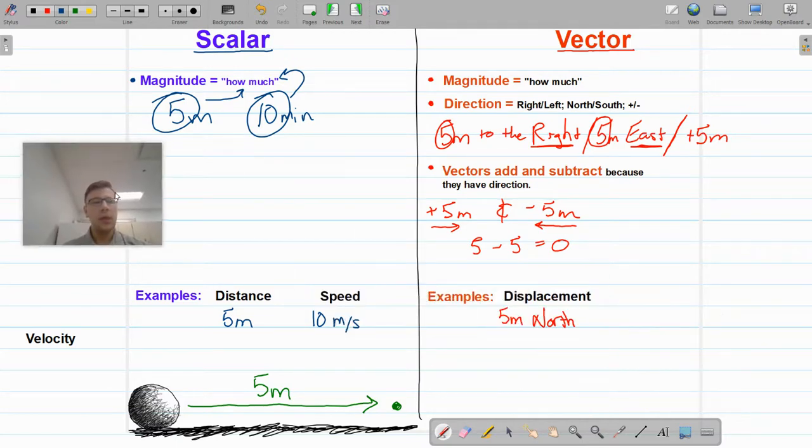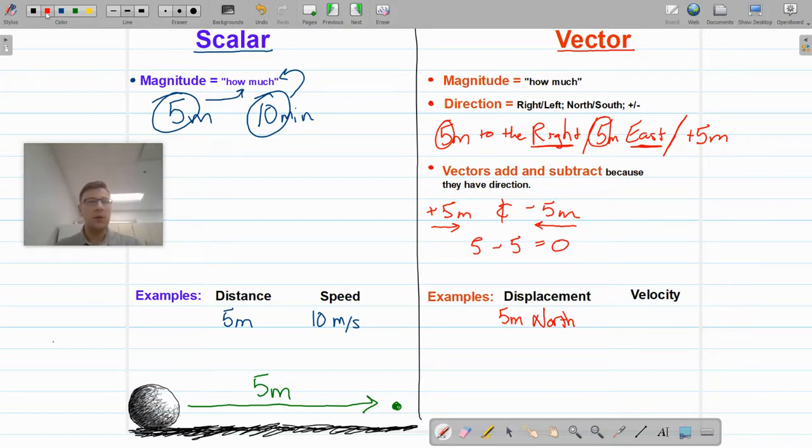Velocity would be the counterpart to speed. It's basically just speed with direction, and we use displacement to calculate velocity. That should make sense: distance goes with speed, and they're both scalar quantities. Displacement goes with velocity, and they both have direction, meaning that they are vector quantities.